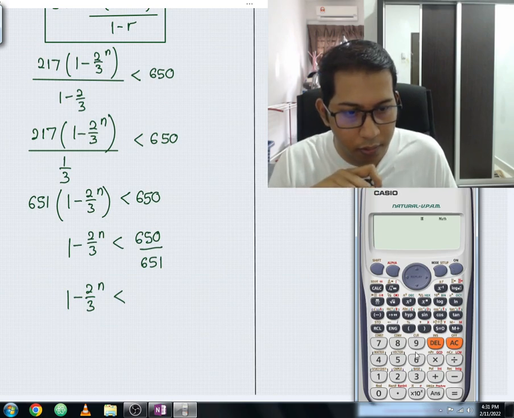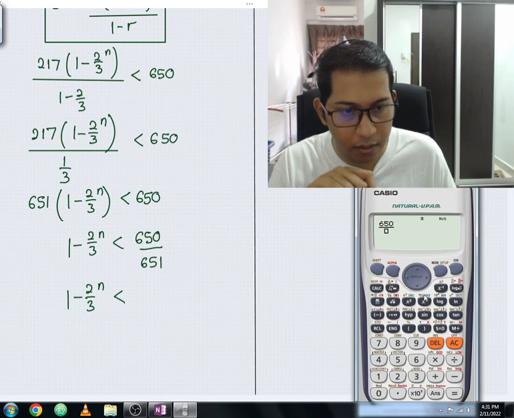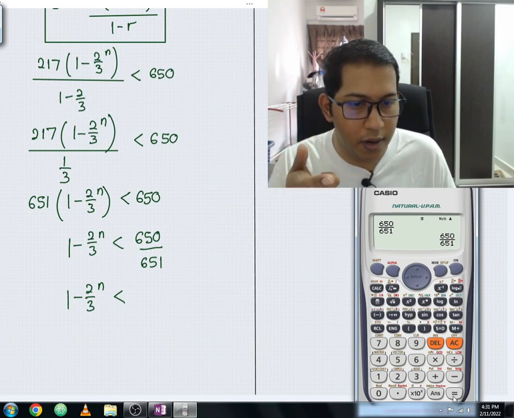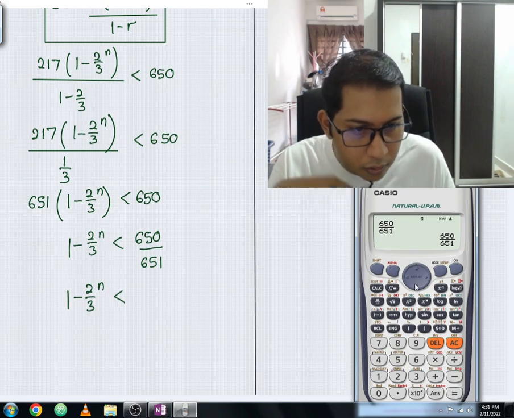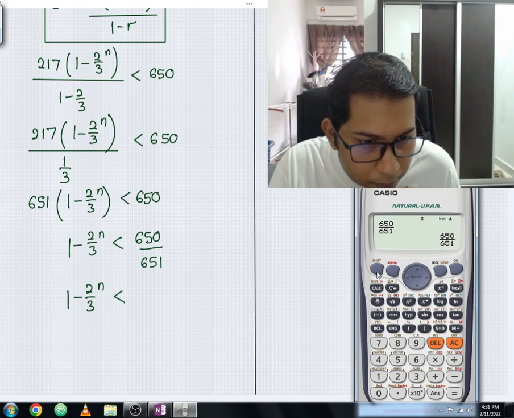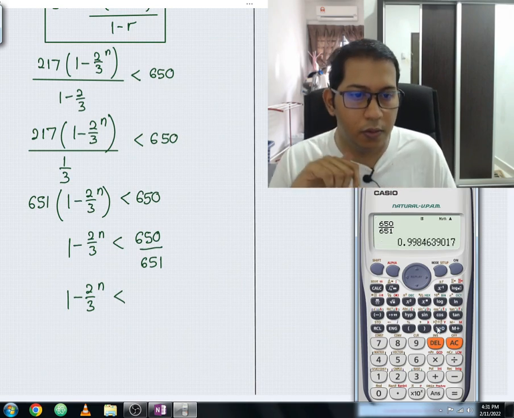Open up the fraction, 650 divided by 651. If you want your answer in fraction, press shift and click the fraction button here.